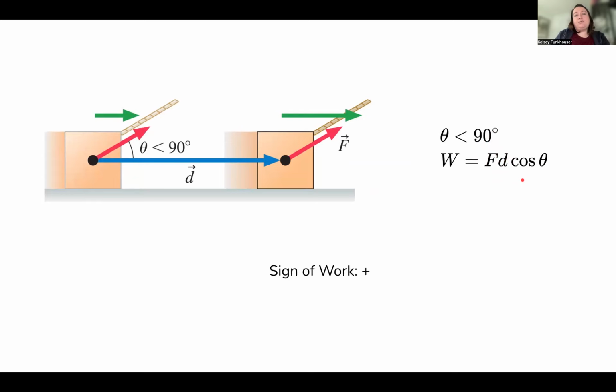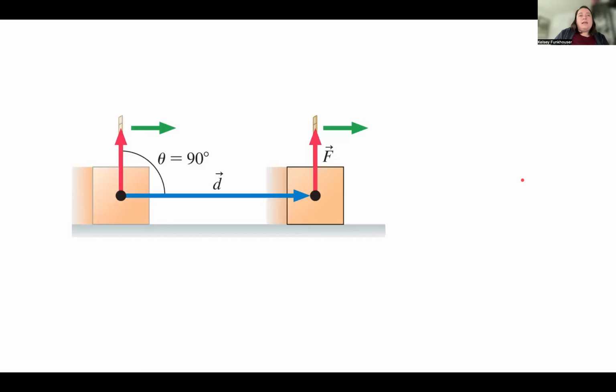So the work done will be positive in this example. Then we have a force that is straight up, but the motion is still horizontal. The angle between the force and the motion is 90 degrees, and cosine of 90 is 0, so no work is done. If the force is entirely perpendicular to the motion, no work is done.